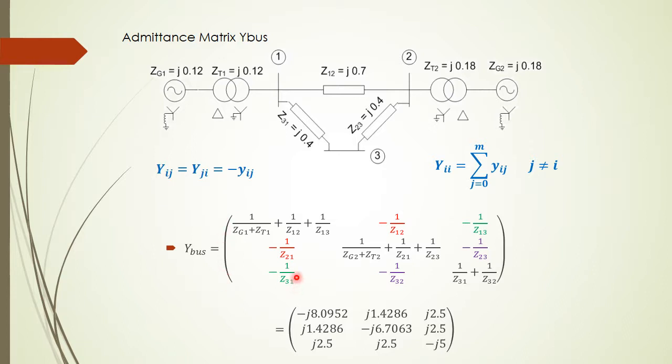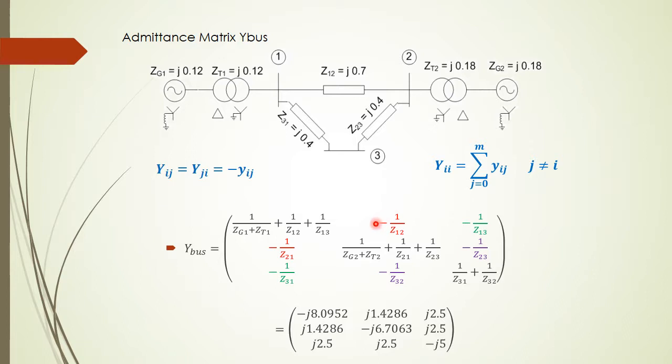The non-diagonal components are given as Yij equal Yji equal minus yij, which is the admittance between bus i and bus j.